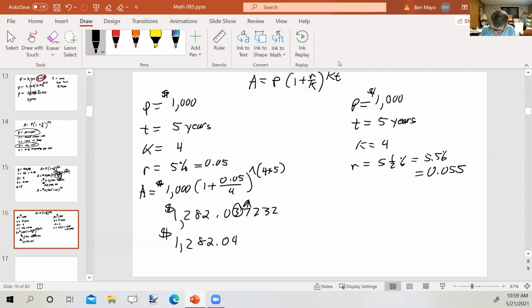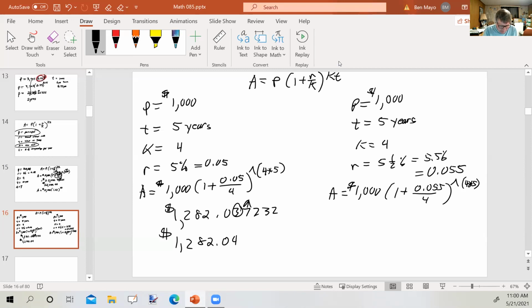Now, everything is going to be the same except the interest rate. So A equals $1,000 times (1 plus 0.055 divided by 4) raised to the 4 times 5 power.